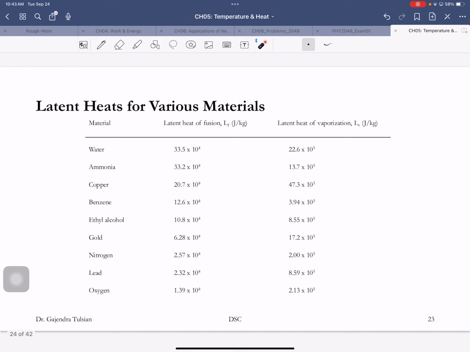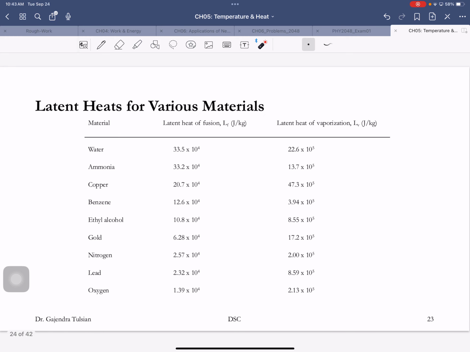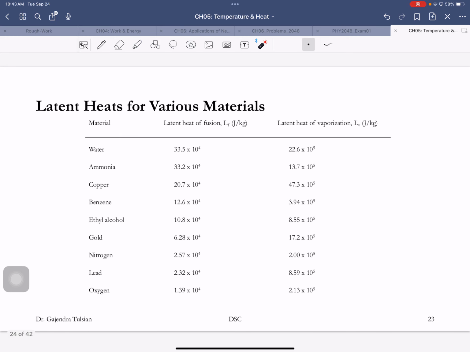All right, so here are latent heats for various materials. So this is in joules per kg. These numbers are hard to remember. What are easier to remember is latent heat of fusion is when it goes from solid to liquid. Latent heat of vaporization is when it goes from liquid to gas. Okay, so I want you guys to remember for water, this is 80 calories per gram.